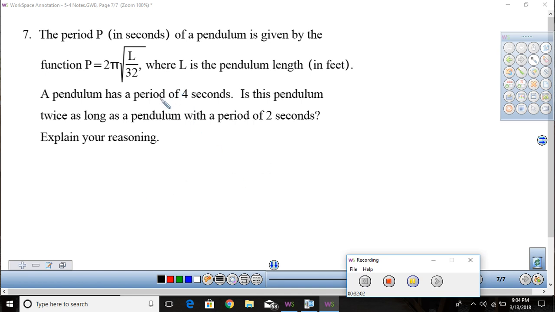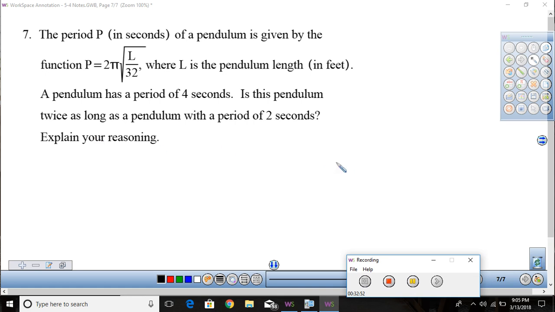So we've got to figure out how much each one of them is so that we can figure out if it's double or not. So if you look at this, P represents the period that you have, and L represents the length. And we're wanting to know if the length is twice as long.